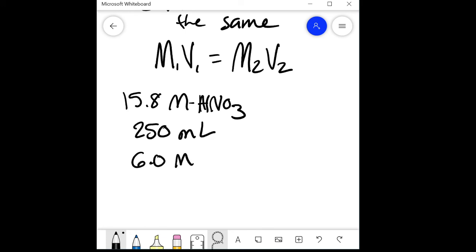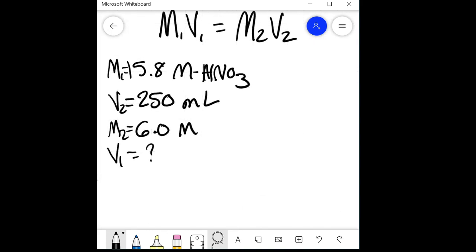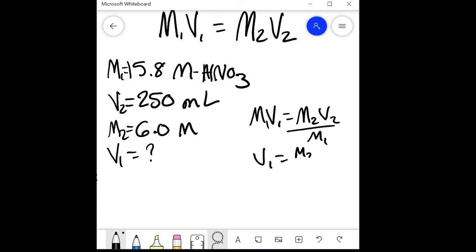So we have our M1, this would be our V2, and then this is our M2 because these go together. So we're solving for V1. That's what we don't know. So just like with all the gas problems, you want to probably work it out algebraically. First, we're solving for V1. So V1 equals M2 V2 over M1.